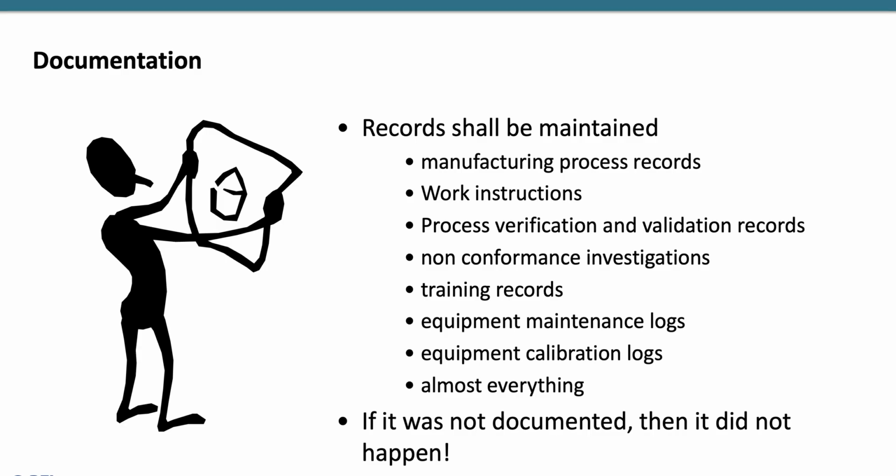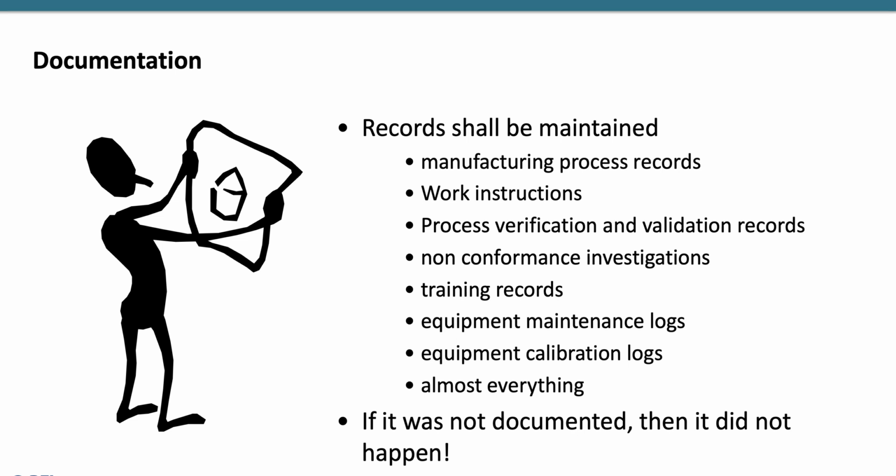Those records that I mentioned, there are a lot of records during the production stage. So we have manufacturing process records, we have work instructions, we have labels, we have labeling, like user manuals, we have process verification and validation records.